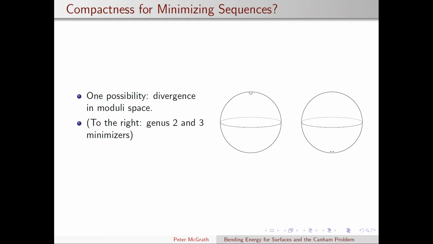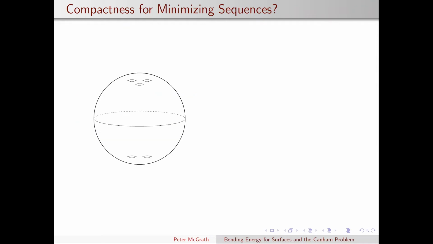So these latter pictures are still minimizers of genus 3 and 2, respectively. And now, if I'm looking for a sequence of surfaces that go to the infimum for genus 5, I could imagine cutting off the handles of the genus 3 one, and then placing them on top of a cut sphere that had the genus 2 handles.